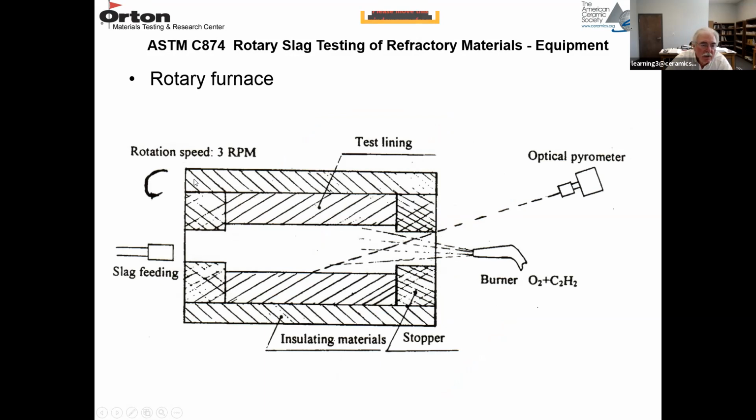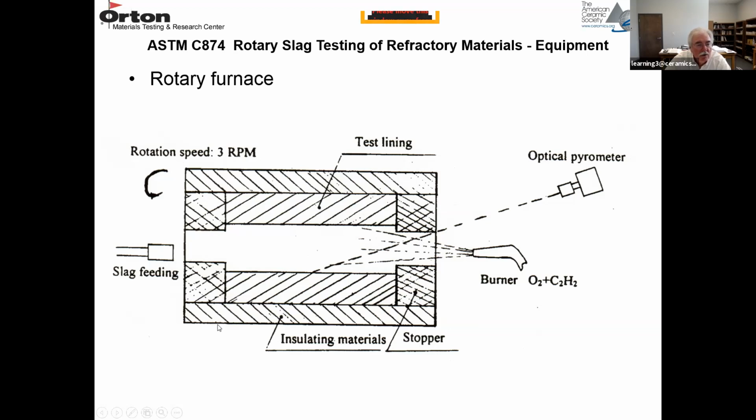This one has an insulating material, but you don't have to use that. And actually the ASTM test doesn't really call for that. Then your sample is sitting here and here. It forms the ring inside the cylinder. You have end plugs of a different composition that's compatible with these materials. So this is the setup.